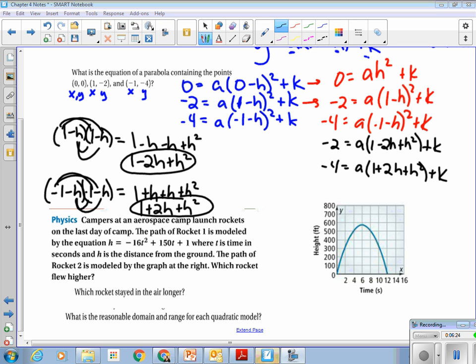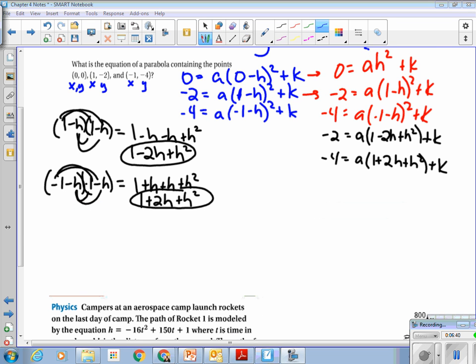I am going to take my top equation, 0 equals ah squared plus k, and solve it for k. So if you take the top equation and subtract ah squared from both sides, you get k equals negative ah squared.